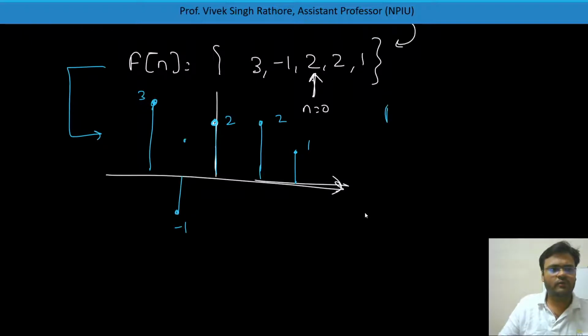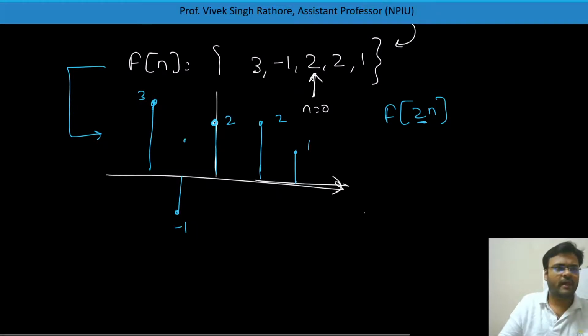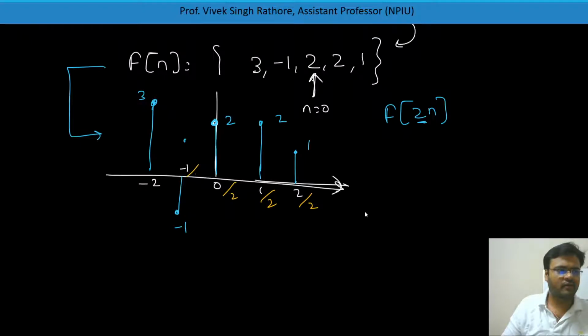Now we need to do f(2n), which means we need to scale with 2. I have told you whatever the n values are, you just need to divide them by the scaling factor. Earlier the values were 0, -1, -2, 1, 2. Dividing all n values by the scaling factor, we get -2 by 2 is -1, -1 by 2 is -1/2, 0 by 2 is 0, 1 by 2 is 1/2, and 2 by 2 is 1.